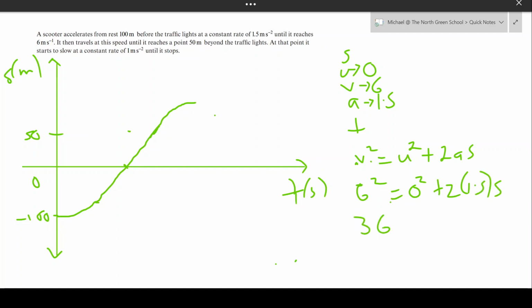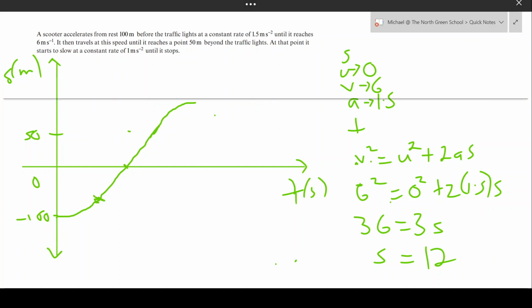You'll end up with 36 is equal to 3s, and then s is equal to 12. So that means that this whole acceleration part, let me label it with a different color, only covers 12 meters until it stops accelerating.